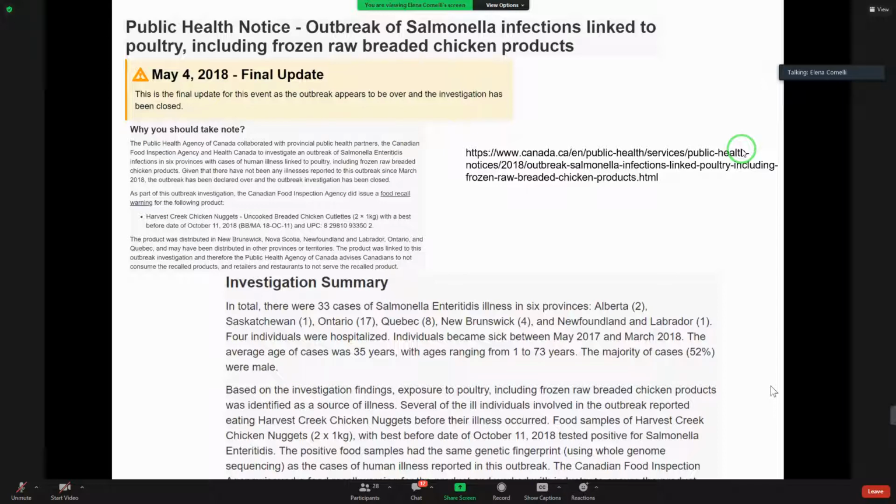This is an example of a report that the Canadian Food Inspection Agency would produce at the end of an outbreak investigation, and all of this is publicly available material on their website.